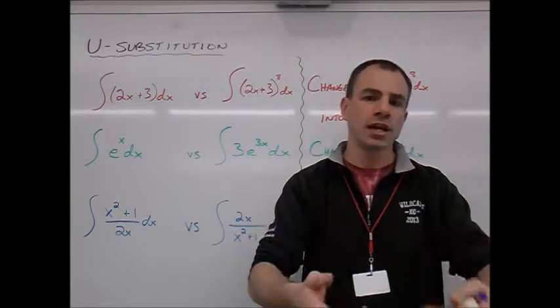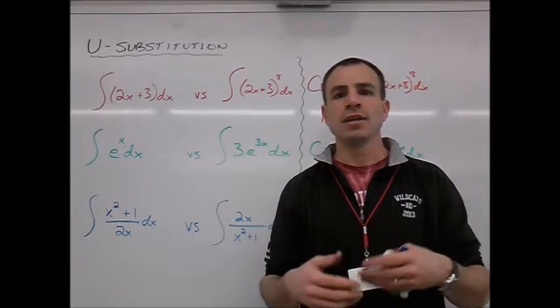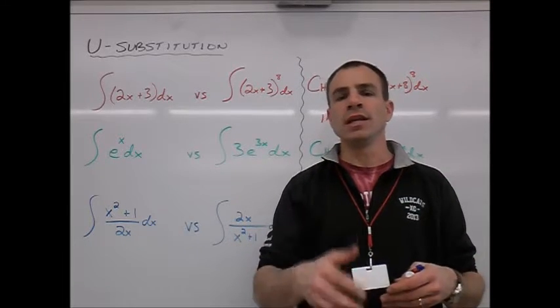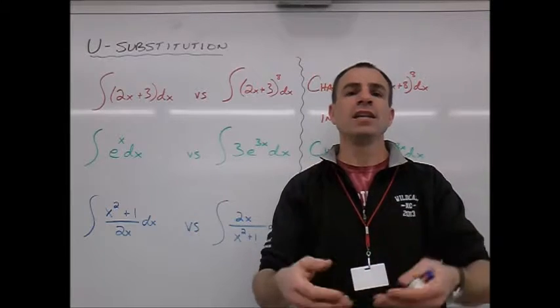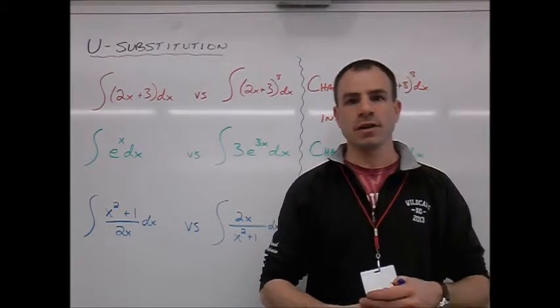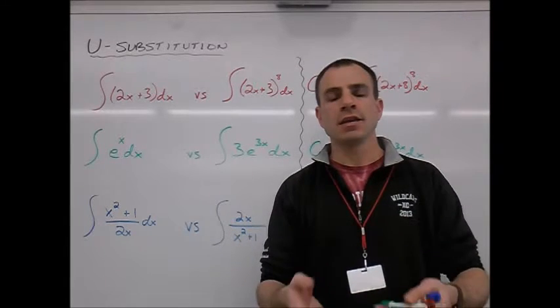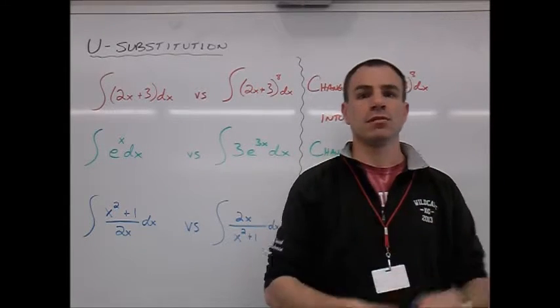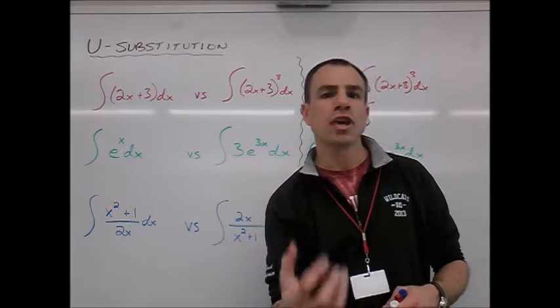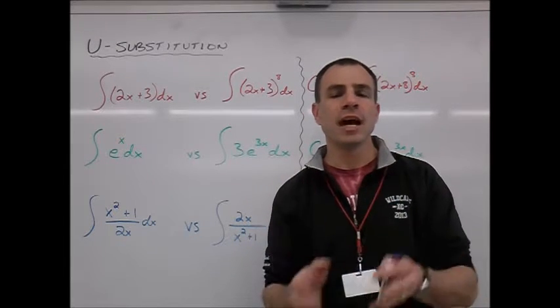You heard me say it in class over and over again: the derivative of e to the ugly is e to the ugly times the derivative of ugly. The derivative of the cosine of ugly would be negative sine of ugly times the derivative of ugly. Whenever we did our chain rules, we always finished with times the derivative of ugly.